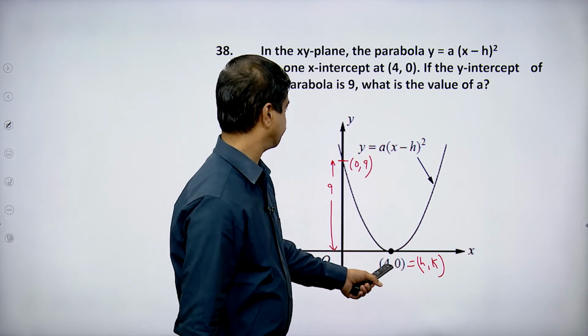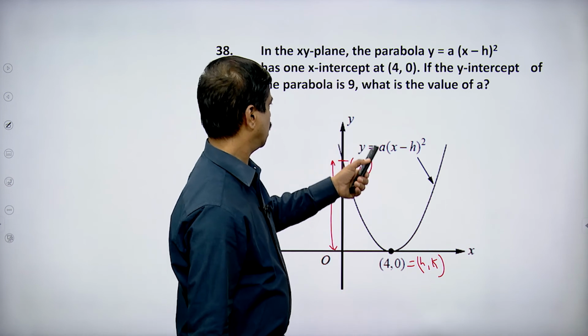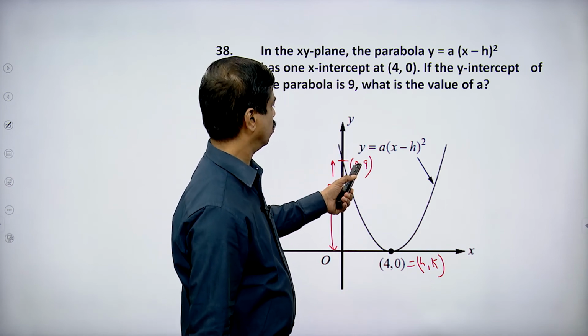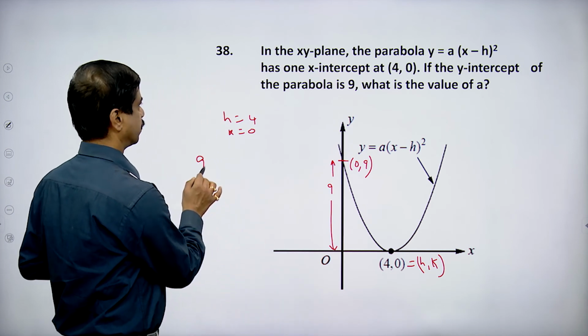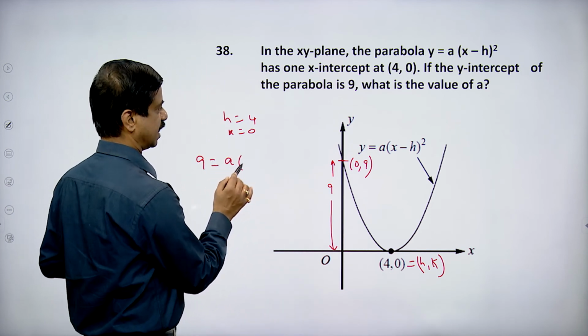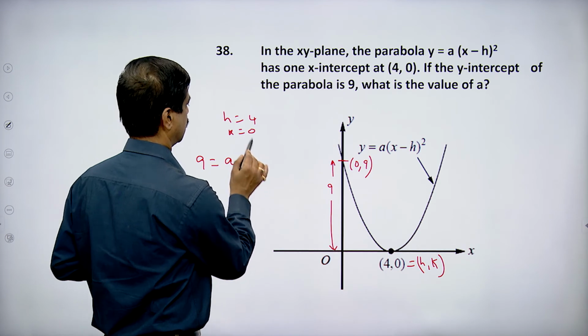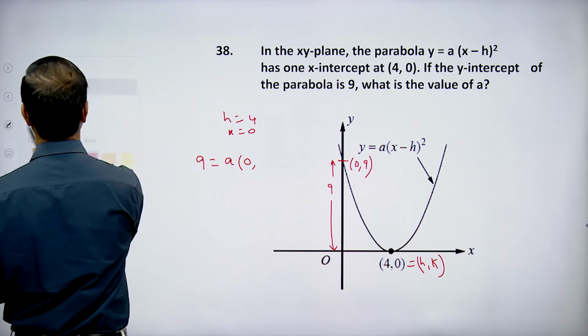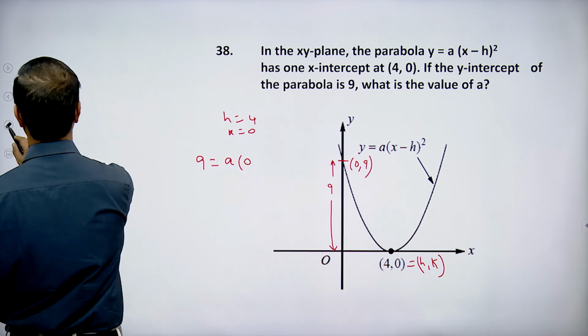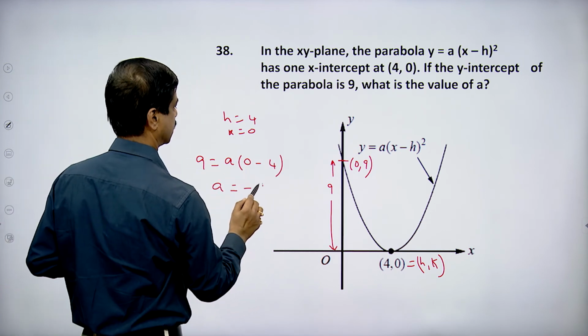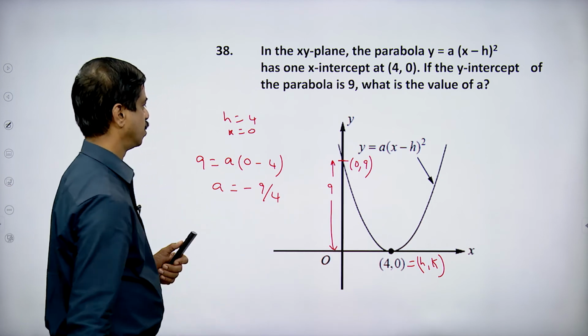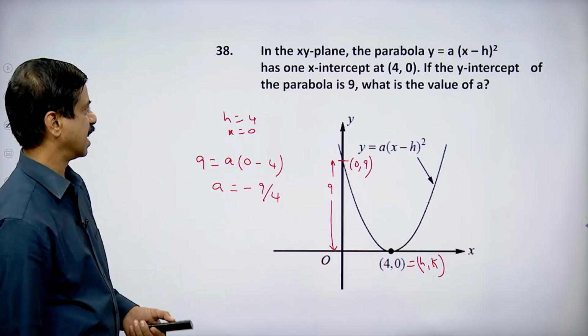Simply, h is 4, x is 0, y is 9. You substitute that. So y means 9 equal to a into x is 0 minus h. Minus h is minus 4. So a equal to minus 9 by 4. Okay. So a is negative.